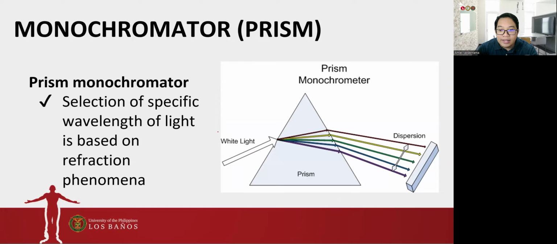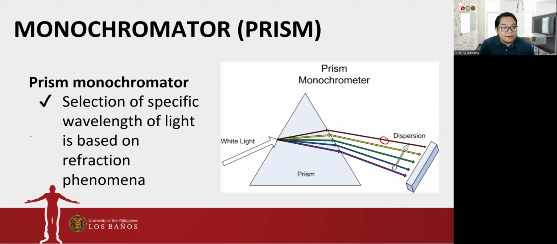So nagre-refract yung light, so nagkakaroon ng dispersion of wavelengths. Okay? So for example, gusto lang natin ay yung wavelength for red color. So possible na natin siyang makuha kasi na-disperse natin yung light from the white light by means of using prism monochromator.